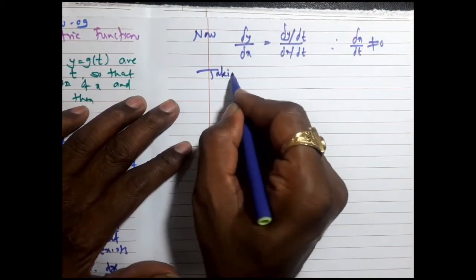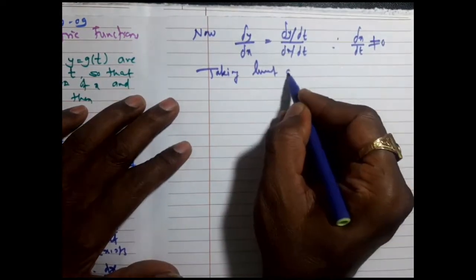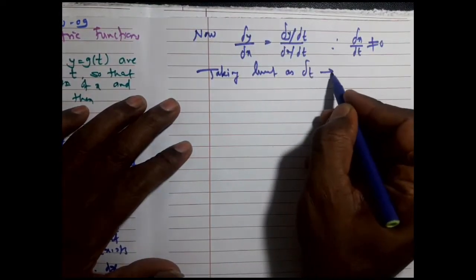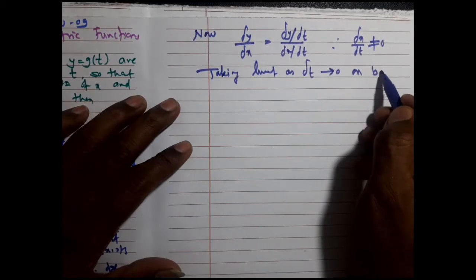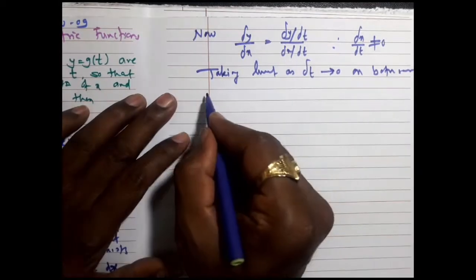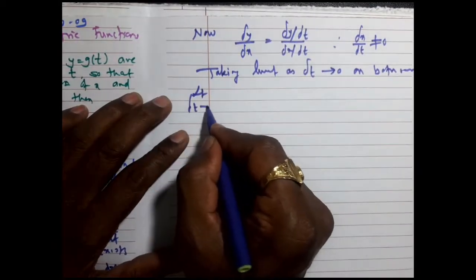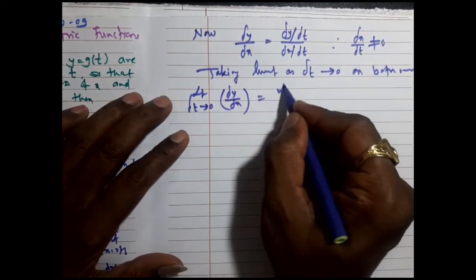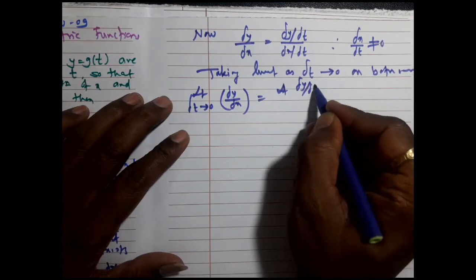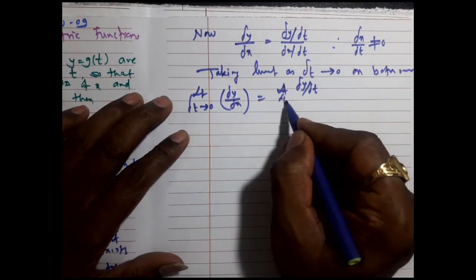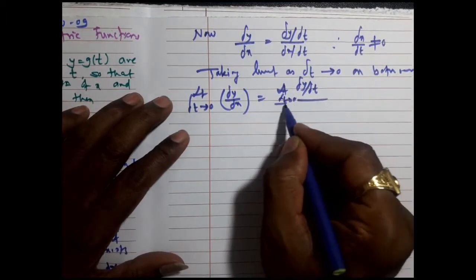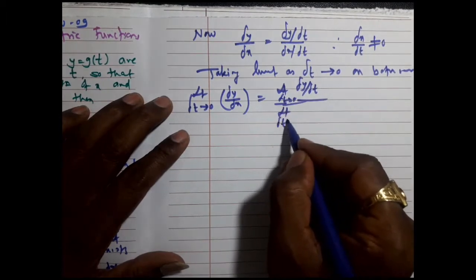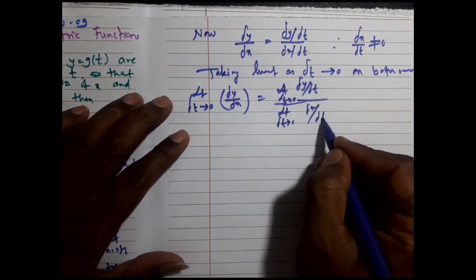Taking the limit as delta t tends to 0 on both sides, limit delta y by delta x is equal to limit delta y by delta t as delta t tends to 0, upon limit delta t tends to 0, delta x by delta t.